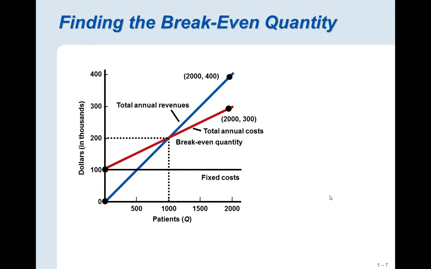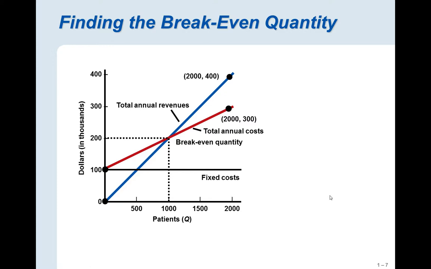Okay, when the two lines meet, the point at $200,000, we call the break-even cost.